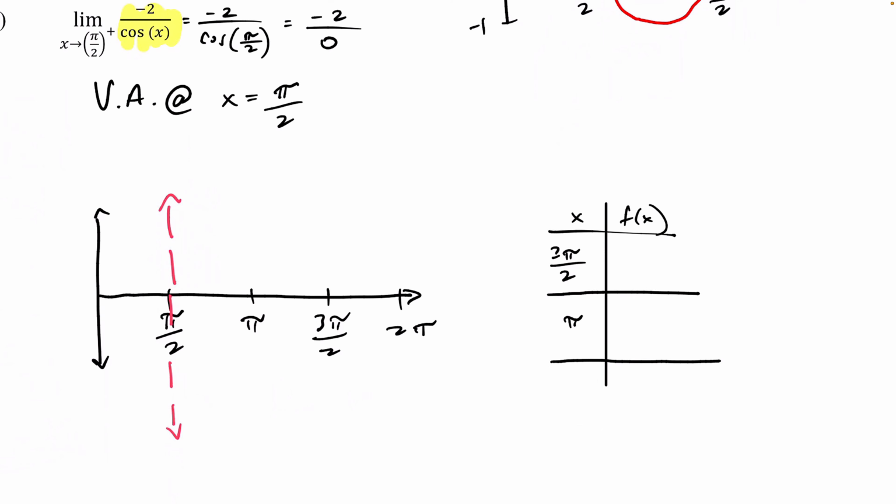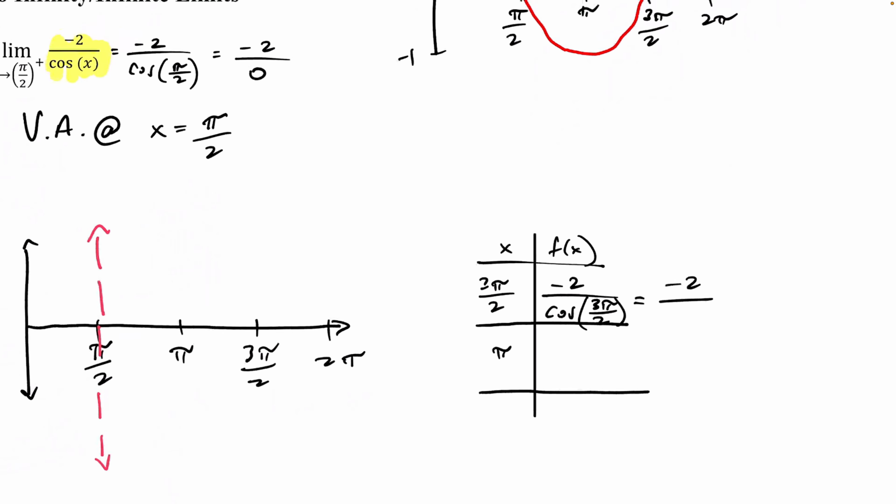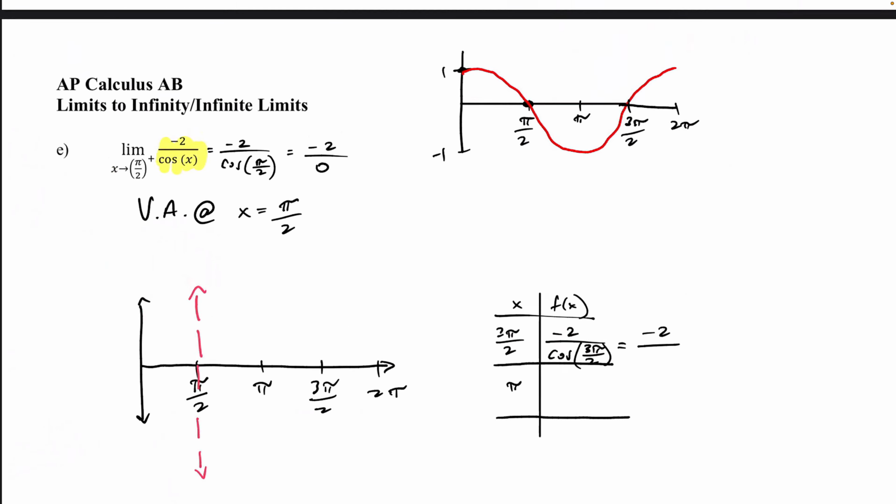Okay. So if I plug in 3 pi over 2 for the original, I get negative 2 over cosine of 3 pi over 2. Always negative 2 on top for this guy. So what is cosine of 3 pi over 2? 0, right? Look at the graph.